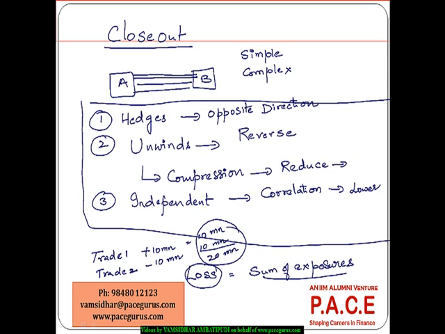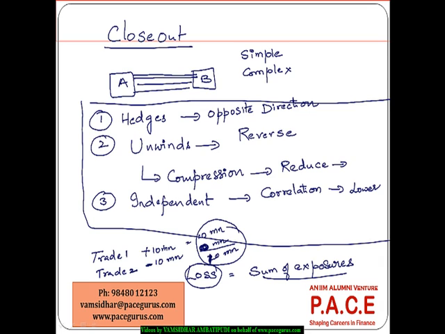Because if the counterparty here loses, it's 10 million. If the counterparty here loses also, it's 10 million. Or the better way to talk about it, because it's negative, there is no chance of losing here, so it's 0 million. So the overall exposure is around 10 million.